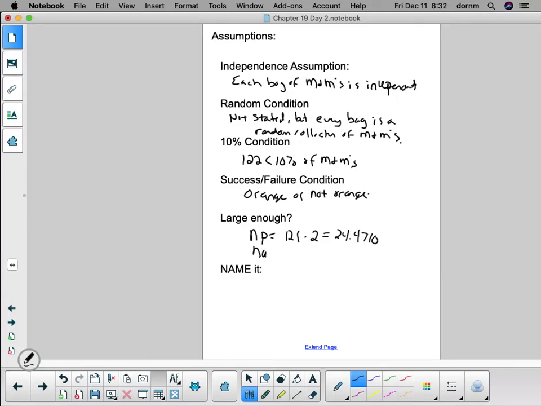And NQ is 121 times 0.8, which is 96.8, which is greater than 10. So we can proceed with a one proportion z-test.